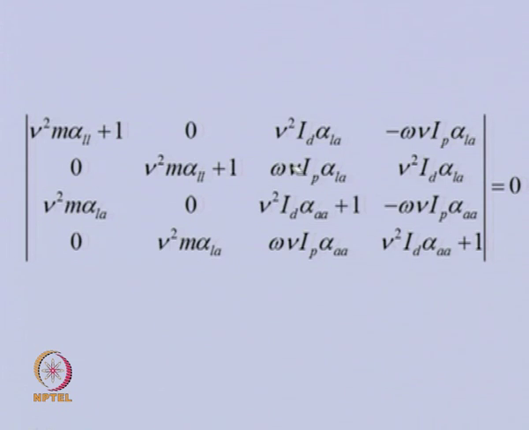Both nu and omega are appearing. If we take the determinant of this, we will get a polynomial in terms of whirl frequency of the order of 8th degree, and the roots of that will be the whirl frequency, and for each spin speed omega we need to find out. So, we have seen how to get the whirl frequency by obtaining the frequency equation.